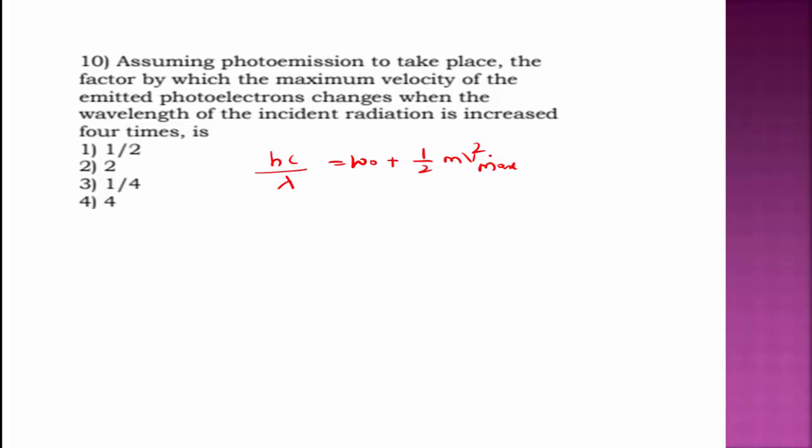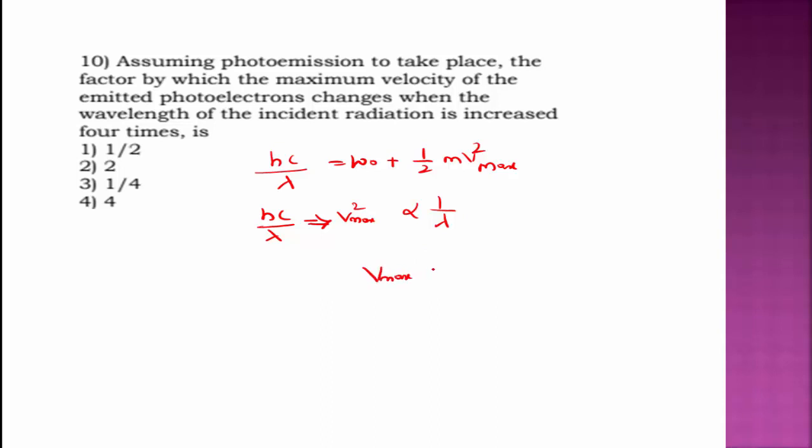Here the work function is negligible in comparison. Therefore hc divided by lambda is equal to (1/2)m v maximum square, so v square maximum is inversely proportional to the wavelength.